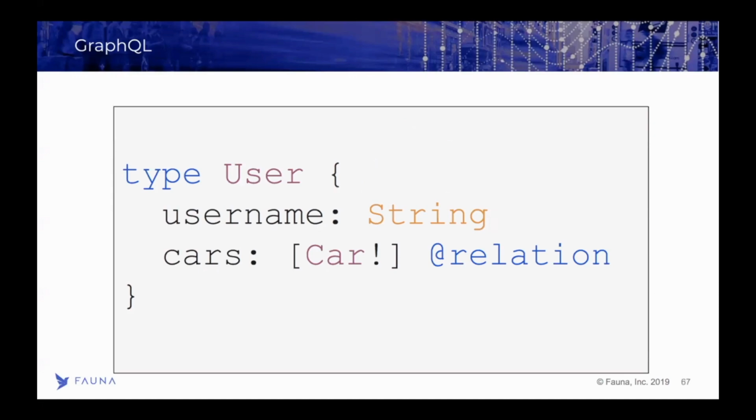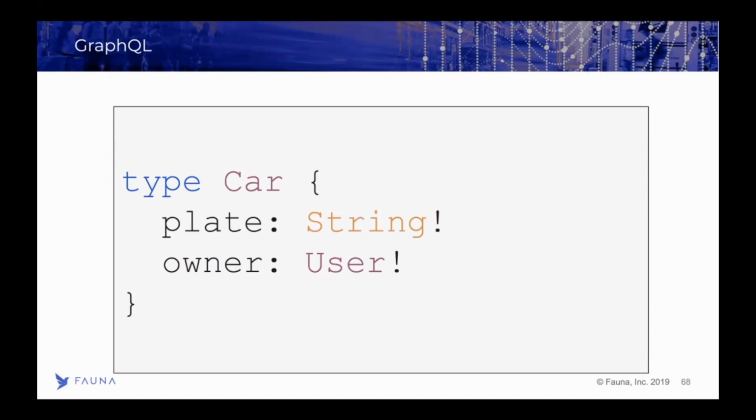And so we're going to actually write down some types here. We have users of this system, this parking garage system, where we have a username and they may or may not have a car. And here we have a list of cars that can't be null. We're also going to define what a car is. A car is the combination of a plate number that is a string that can't be null and a user from that other type definition we have from before.